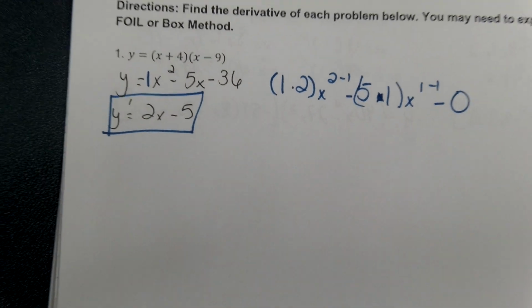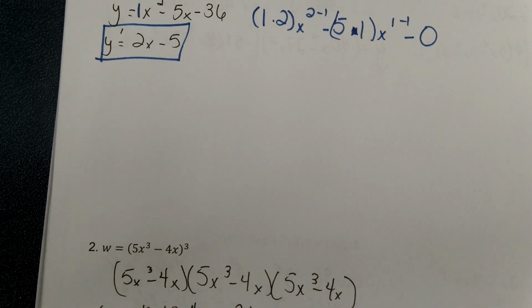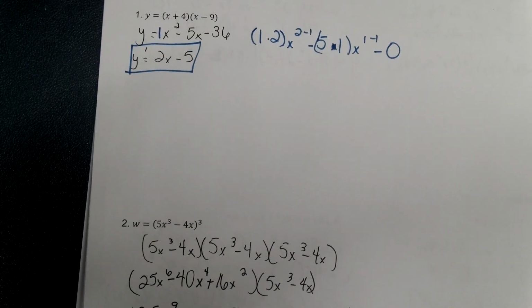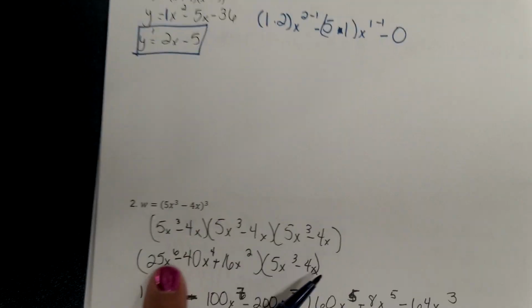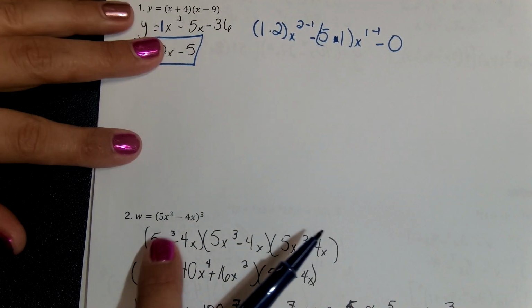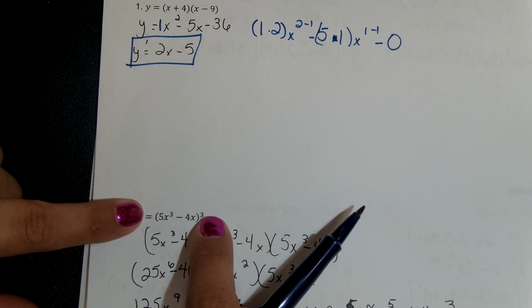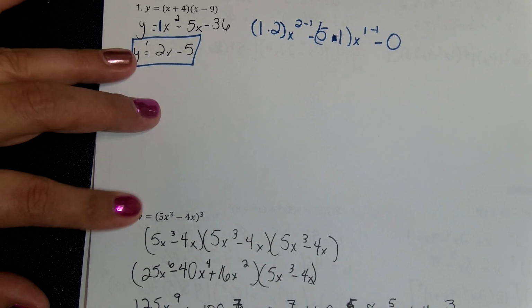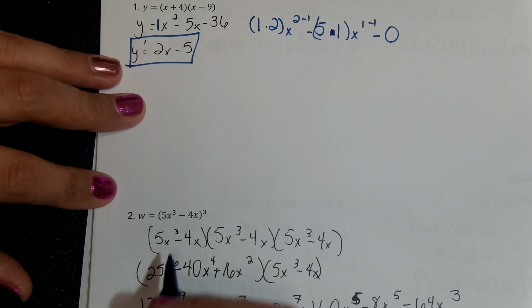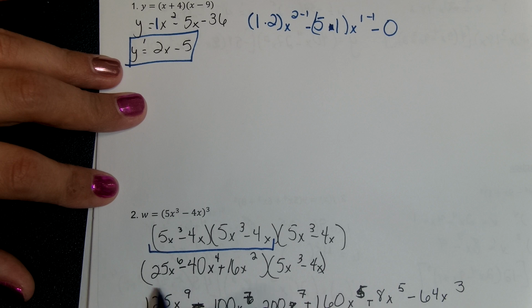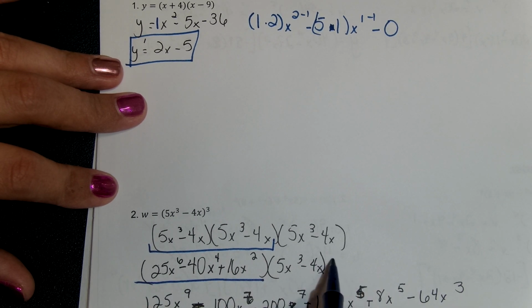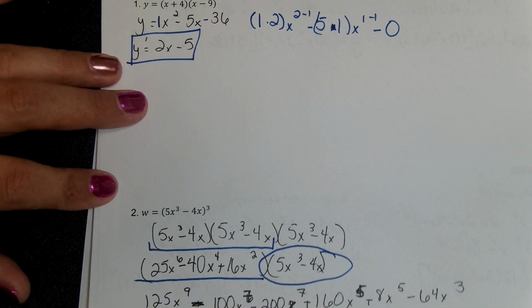But, as Melissa pointed out to me, there are 3 of these binomials, 3 of them. So what you'd have to do is you'd have to do this using FOIL or box, which gives you this, and then multiply using FOIL or box, which gives you this.